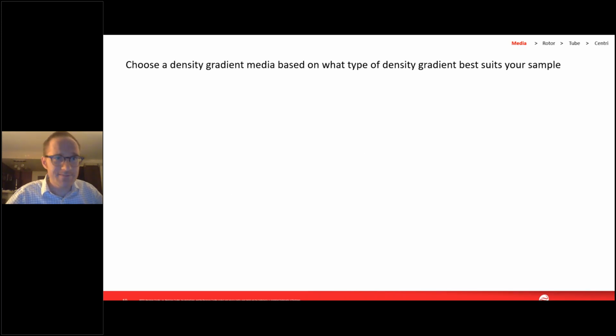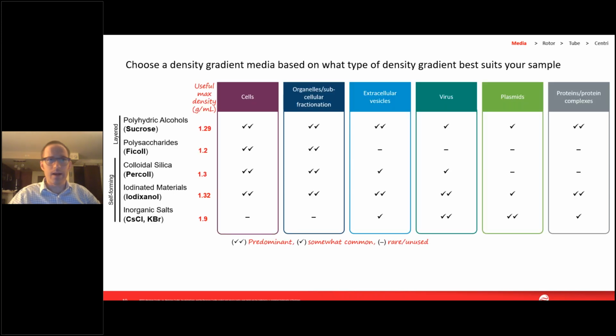So first, you have to choose a density gradient media based on what type of density gradient best suits your sample. Right? This is mostly meant for you to screenshot, right? Because on the far left-hand side, I have a list of different density gradient media, and these are commonly used, I think, but this is just based on my and my other scientists' experience reading a lot of articles and what we commonly see in the field.